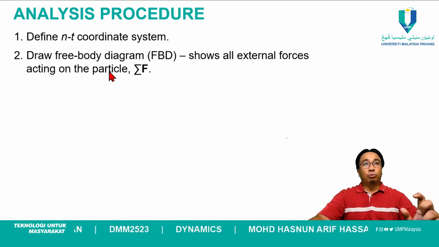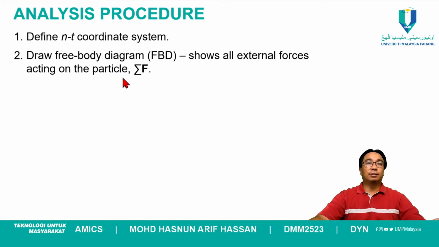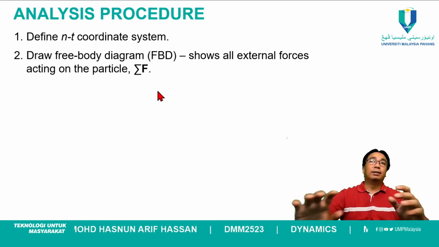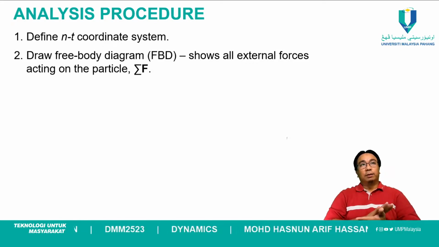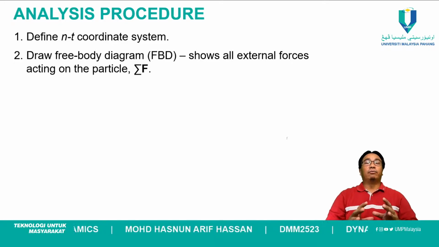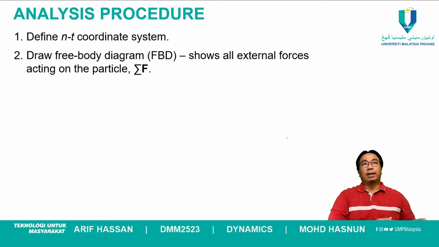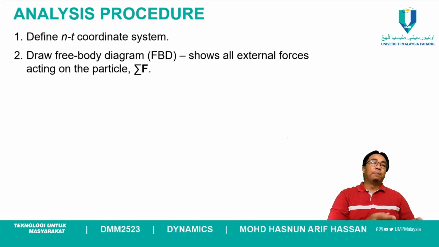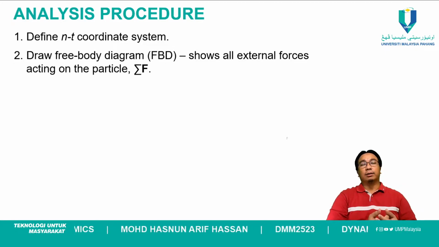And then you need to draw the free body diagram showing all the external forces acting on the particle. Why this is important is because, as I have explained in the previous class, if F equals ma, then the free body diagram will show what is on the left hand side of the equation, which is the F, the total force acting on the particle.